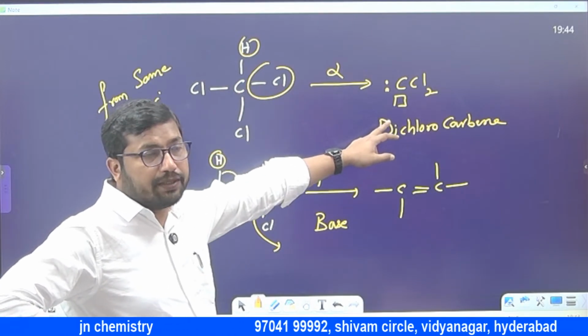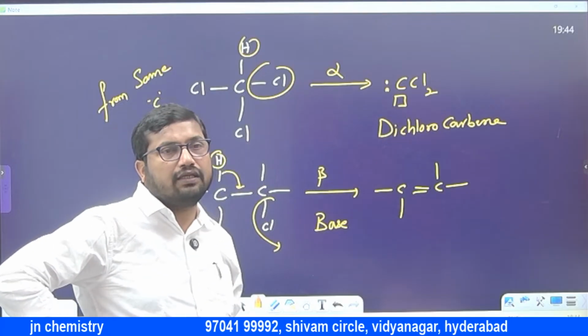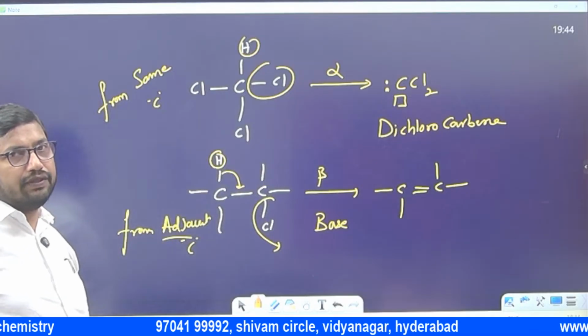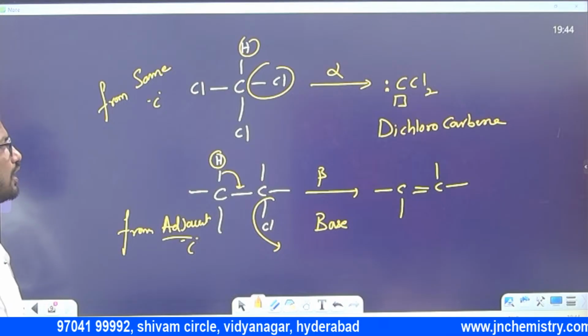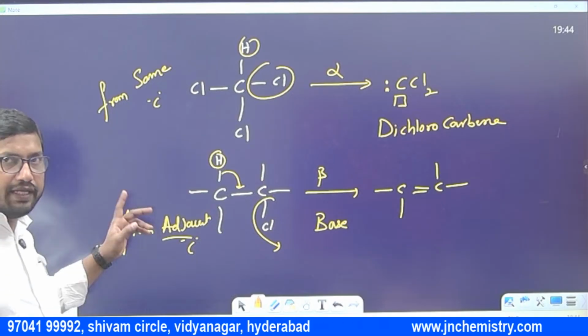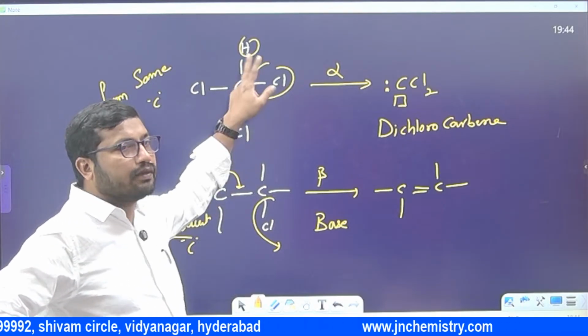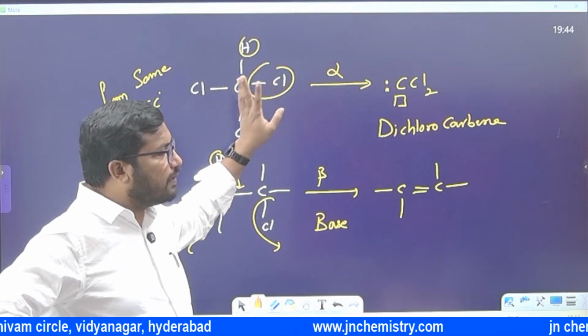For the second year guys, what is the electrophile in the Reimer-Tiemann reaction, they'll ask. Dichlorocarbene. How is it forming? By alpha elimination. What is alpha elimination? We have to remove from the same carbon atom. Write it down.